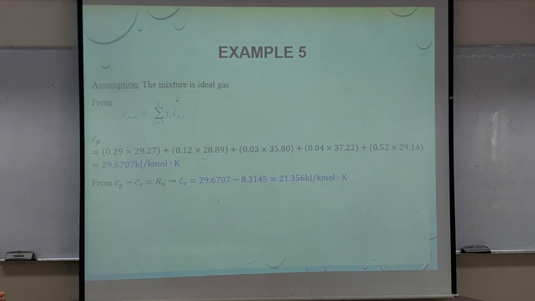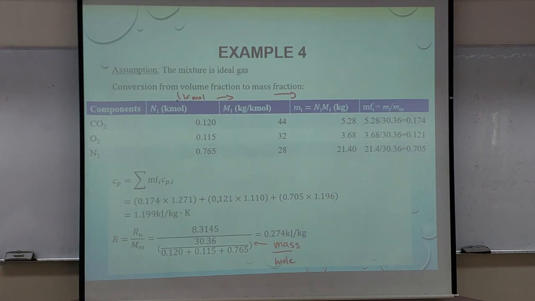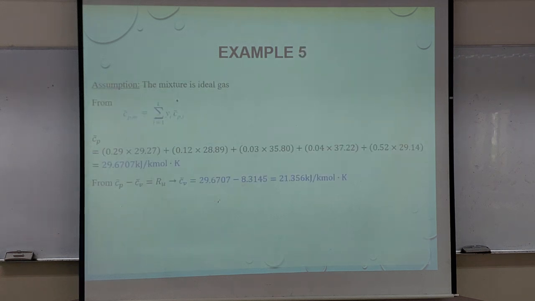Which means you need to find the molar mass. Even though I keep saying don't memorize equations, this equation will come in handy, which is mole fraction multiplied by the individual molar mass.